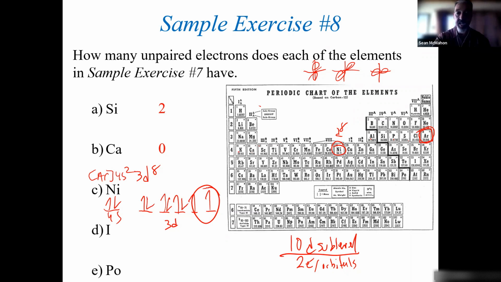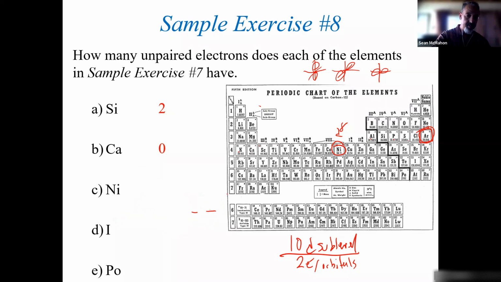If I had a 3d9, like in copper, it's going to go in there. There's an exception. But if I get to zinc, which is 3d10, then both of these are going to be filled. So how many unpaired right now for nickel? 2.